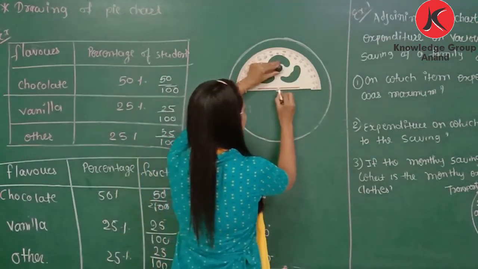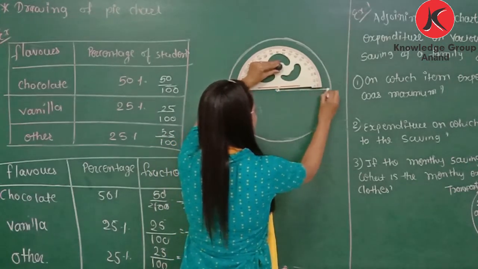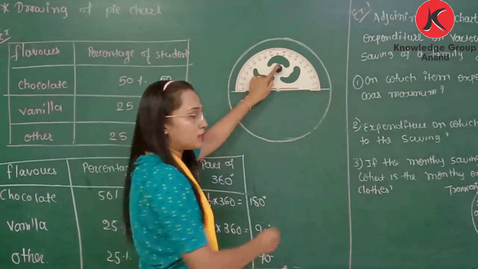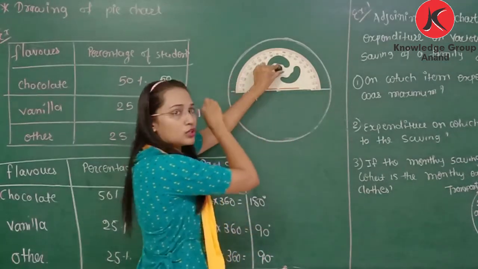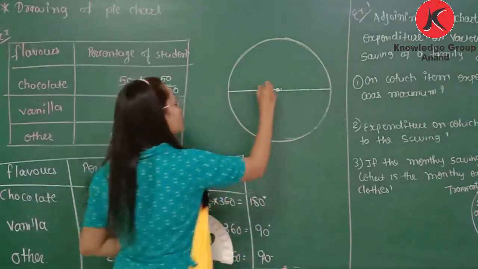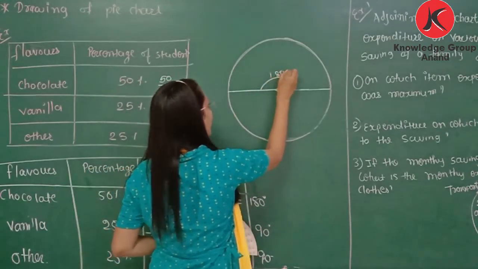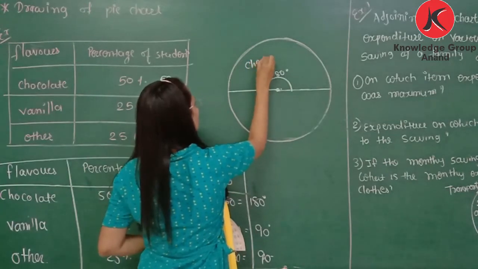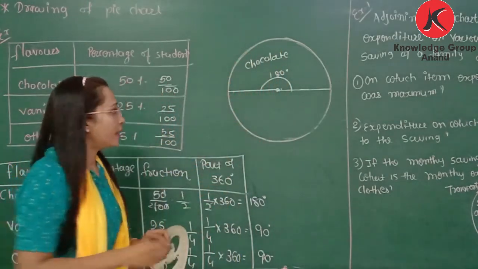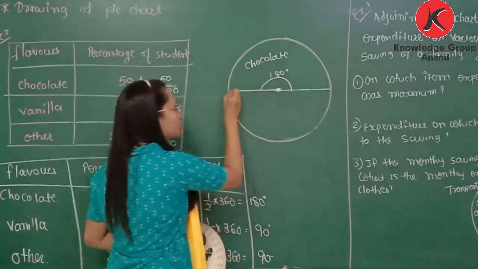We need to draw a line for this. Now if we start from 0 here, then 180 will be here. It means 180 degrees we need to draw like this. So this is our 180 degrees, and that represents chocolate flavor.